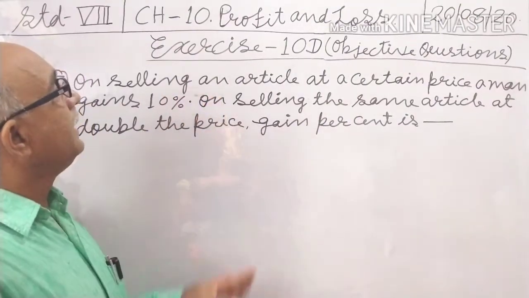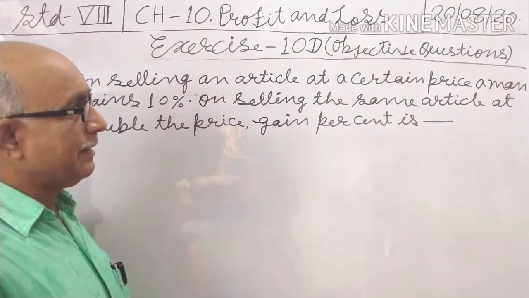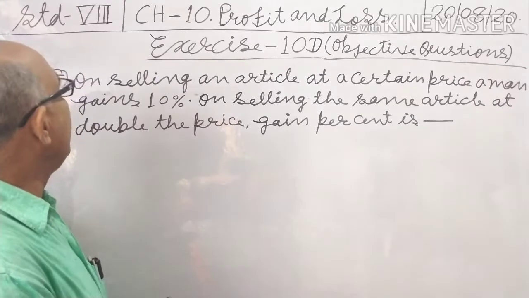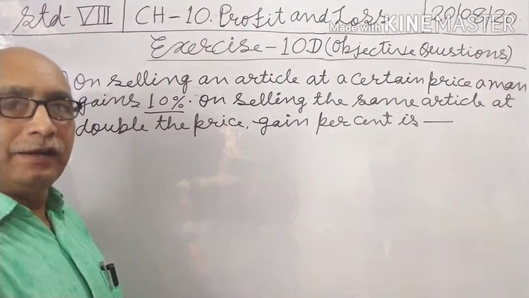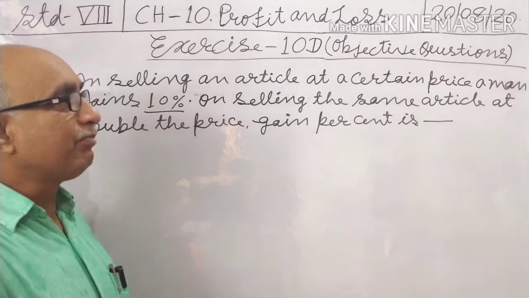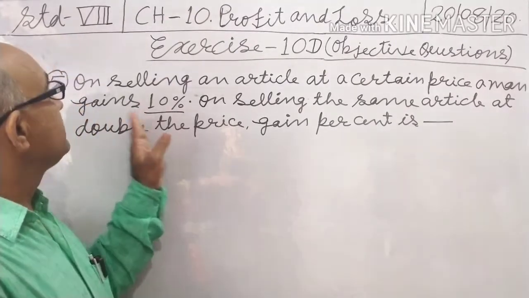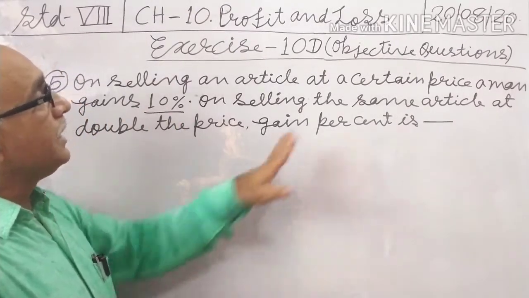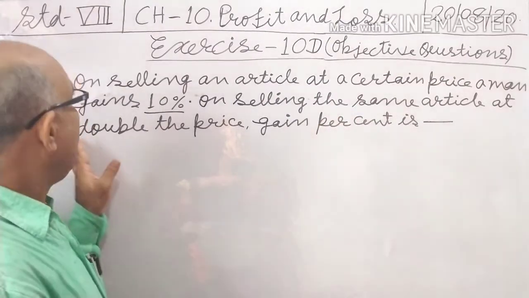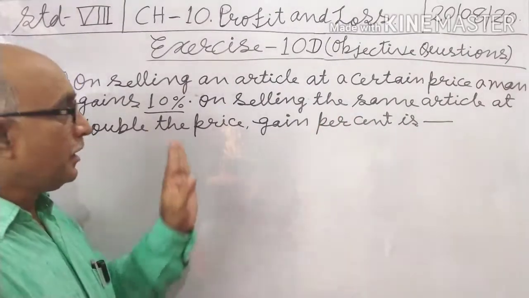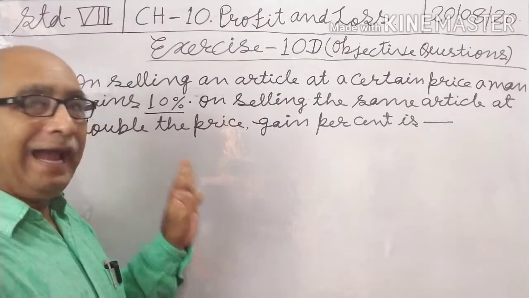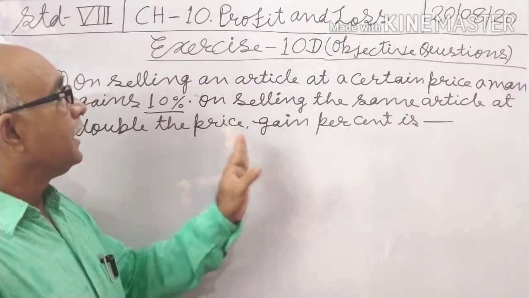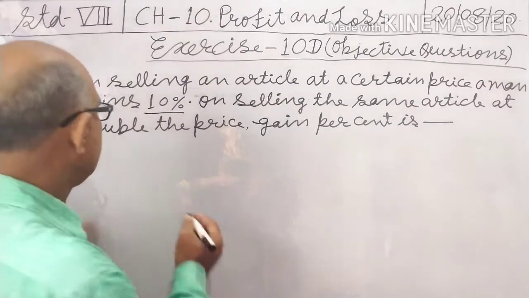On selling an article at a certain price, a man gains 10%. On selling the same article at double the price, gain percent is?